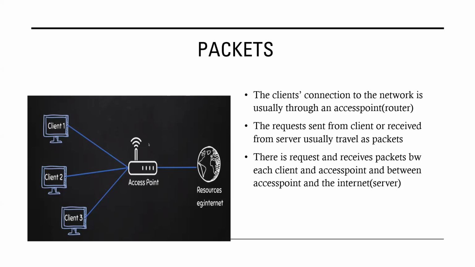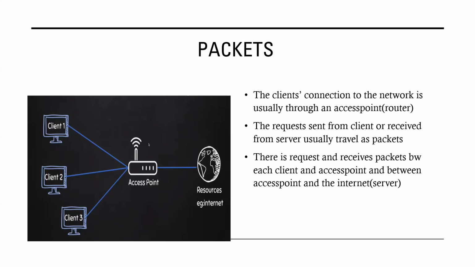So there is request and receive of packets between each client and access point, and between access point and the internet. If you look at each of the clients, client one, two, three here, client one is sending requests to the access point. That's why I say there is request and receive of packets.